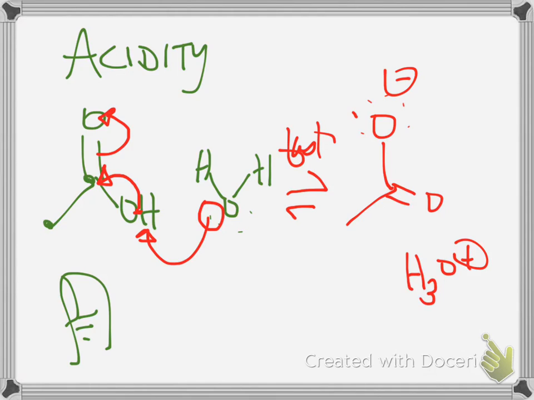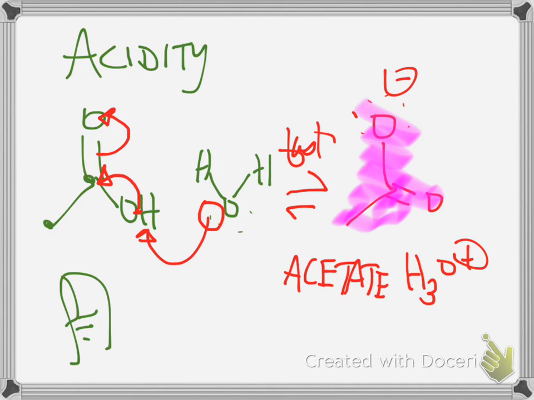So, for example, this was acetic acid, so this becomes acetate. Okay, so this is the acetate compound, or anion.